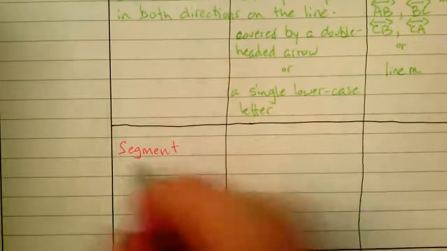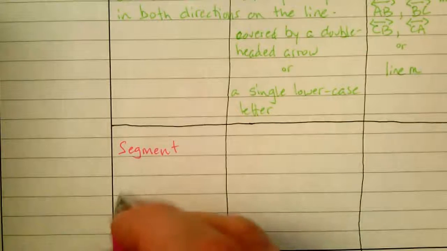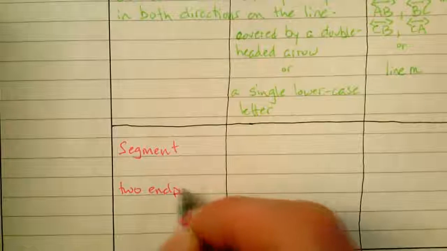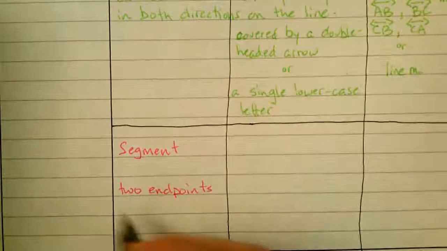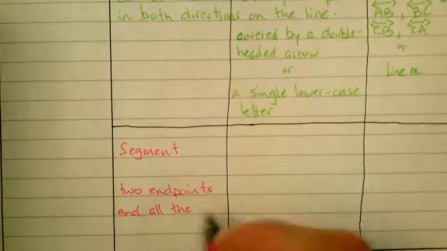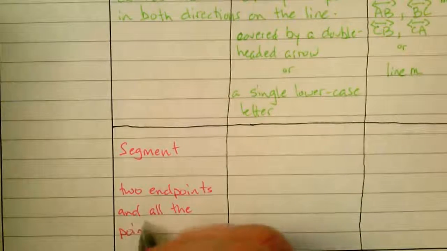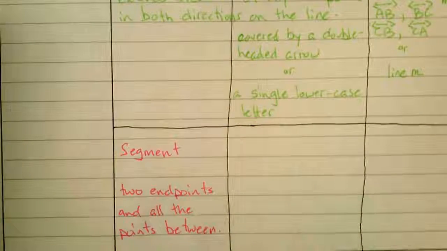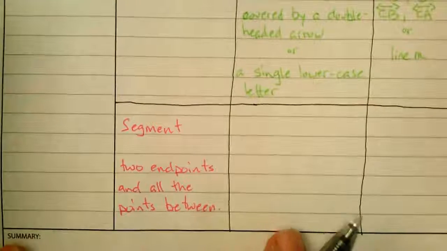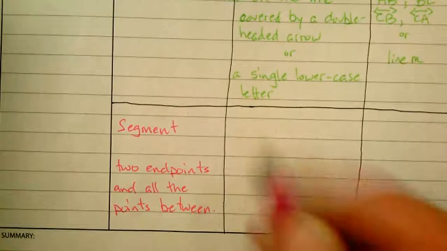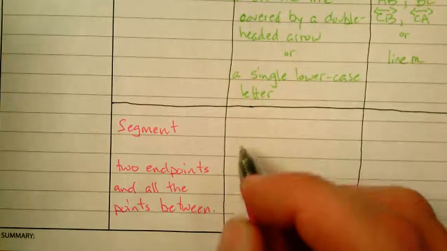A segment is 2 endpoints and all the points between. And between is actually one of your vocab words. Look up what that means exactly. Alright, and how do you name it?